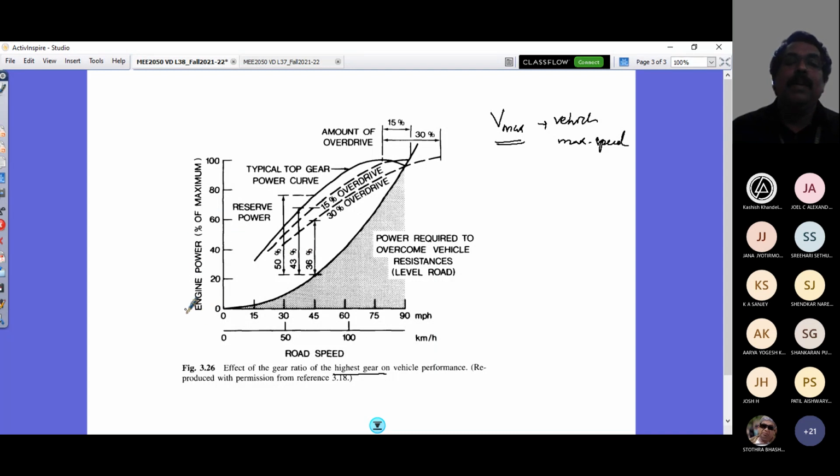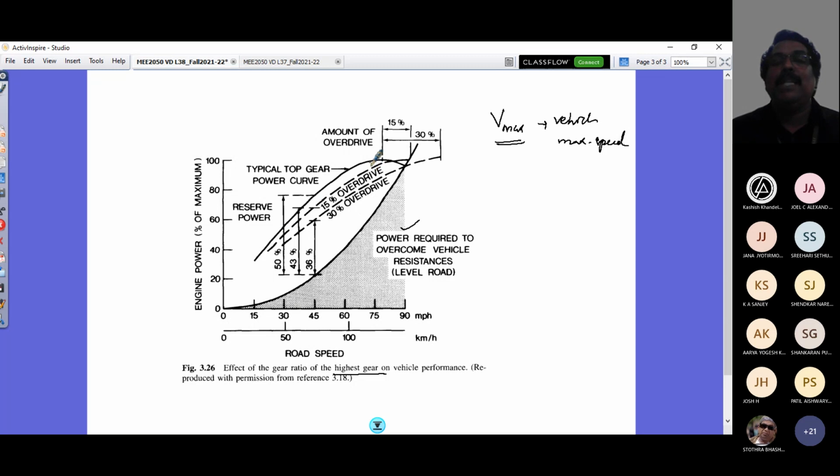This plot shows that the engine power requirement is not only to overcome the power required for the resistance on the level road. This curve and this area refer to the power required to overcome the vehicle resistance. But look at the power characteristic as a function of speed, it would be like that.